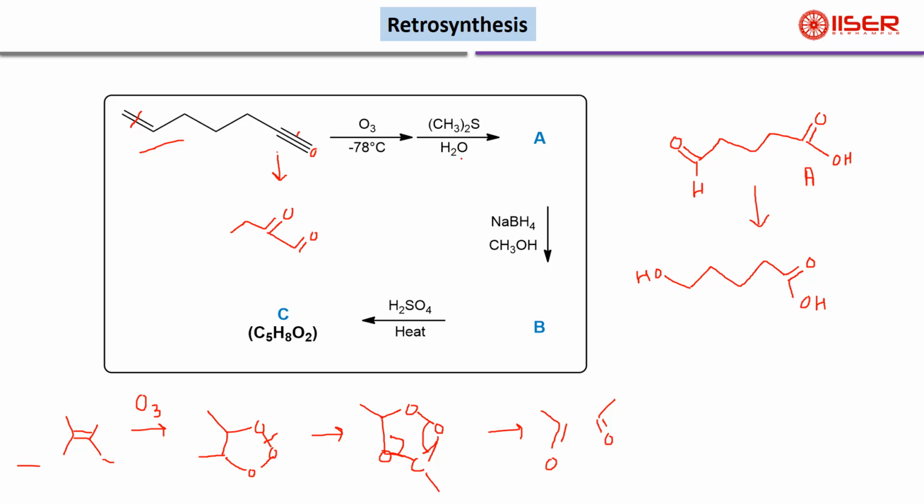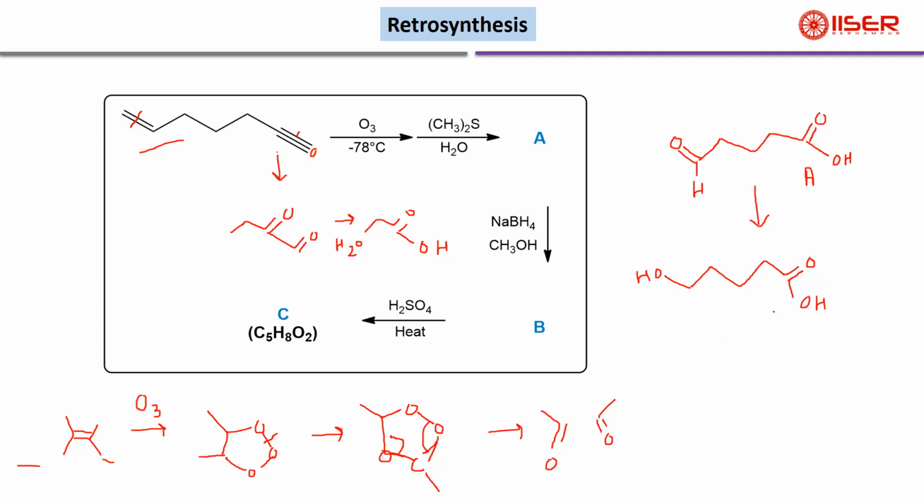As the reaction is in the presence of oxygen, ozone and H2O in the medium, it will give us an acid. In the medium it undergoes a cleavage and gives us an acid. So whenever there is an alkyne in ozonolysis, it will give an acid, and an alkene will give us an aldehyde.